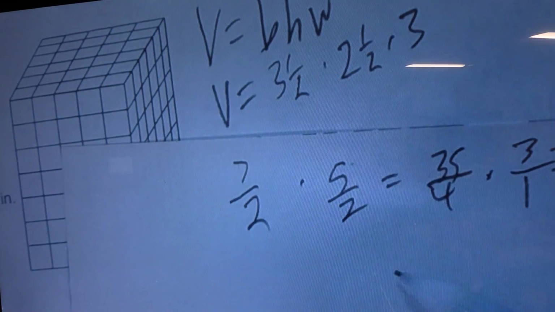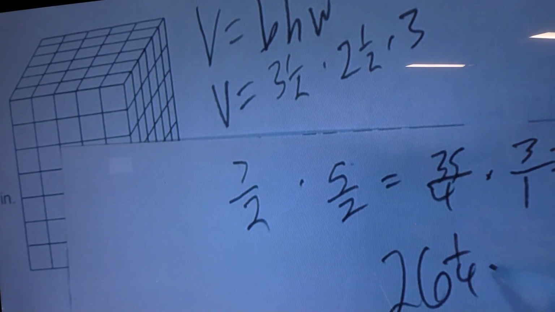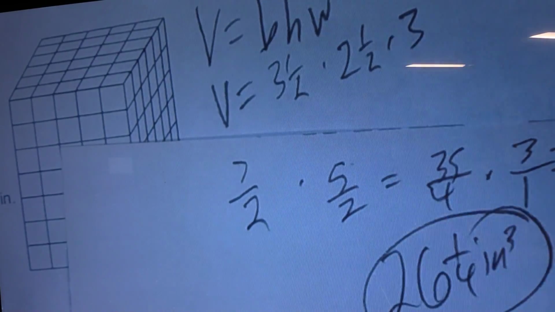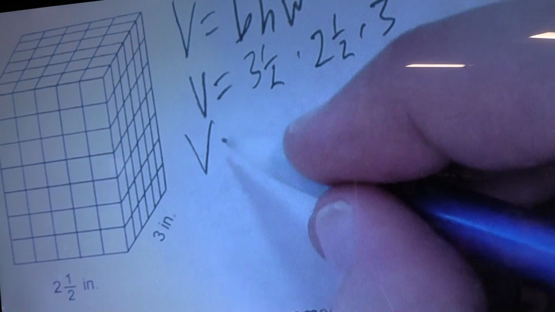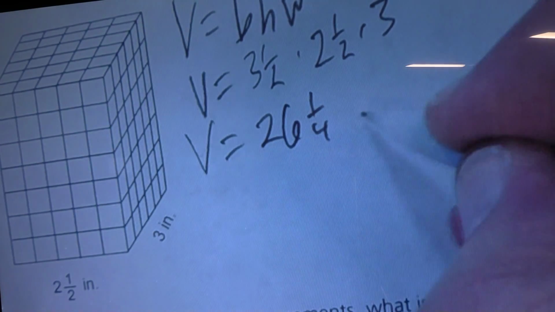So this will be 26 1/4 inches cubed. That's going to be the volume of this shape. So I'm going to move this and say volume equals 26 1/4 inches cubed.